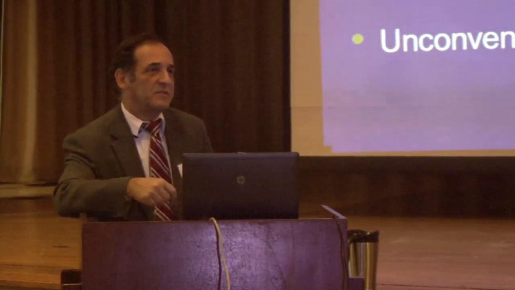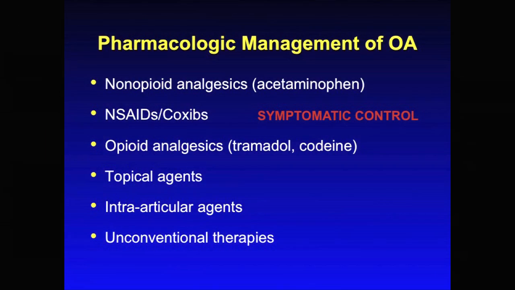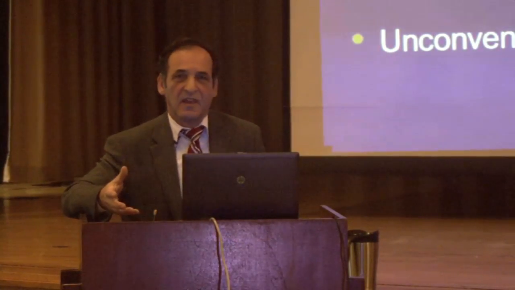What can we do as far as medications? Well, there's a lot that we can do as far as medications, although none of them convincingly affect the progression of the disease. So we can prescribe analgesics, and the safest is still acetaminophen, Tylenol.